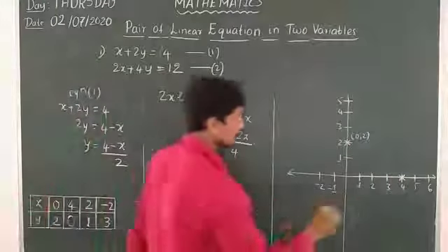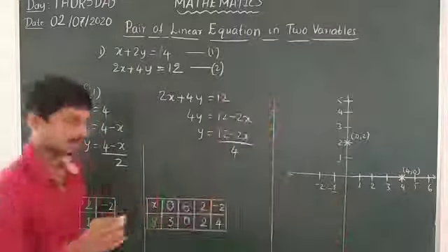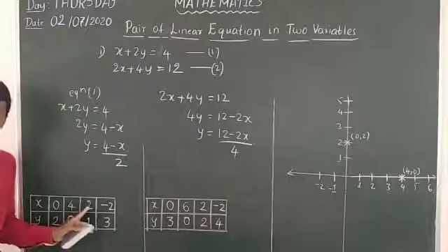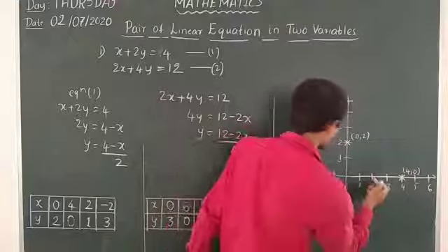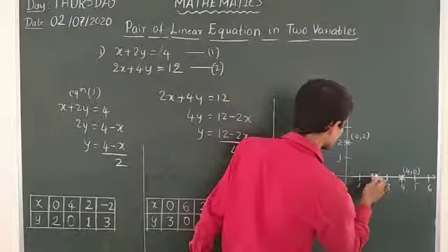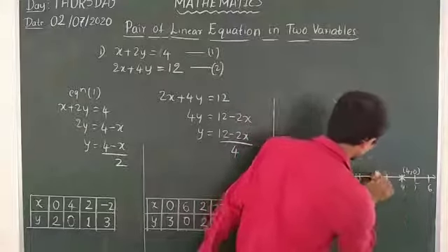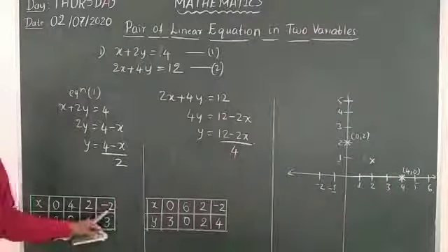So the point represents 4, 0. Then let us move on to the next coordinate, 2, 1. The x coordinate is 2 and the y coordinate is 1. Here we have to represent the point.